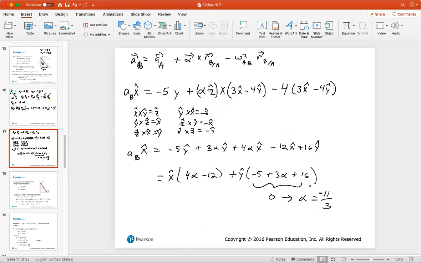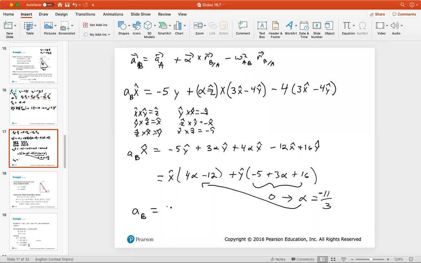So that's a reasonable conclusion. Okay, so now that I know alpha, I can back substitute into here, multiply it out, and then get the acceleration of point B. Now when I do this, I get 4 times alpha, which is minus 44, and then minus 12.